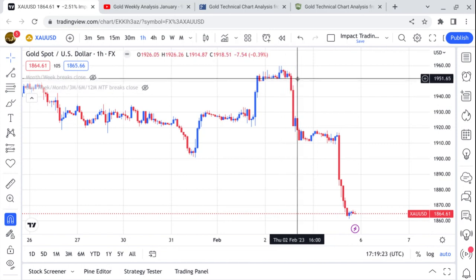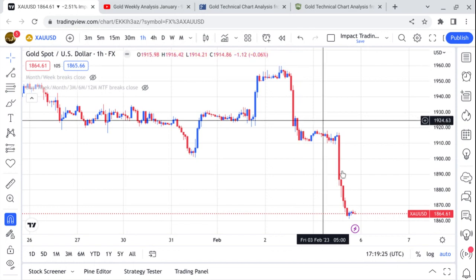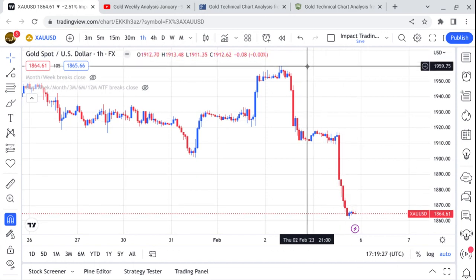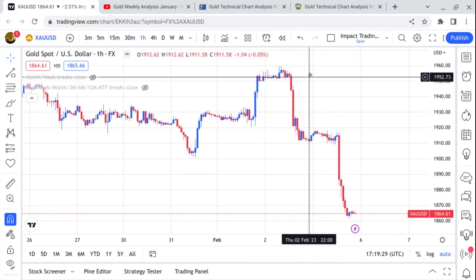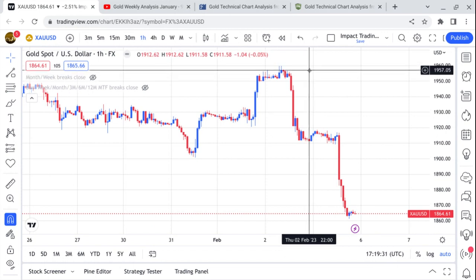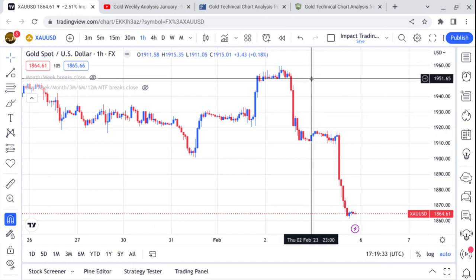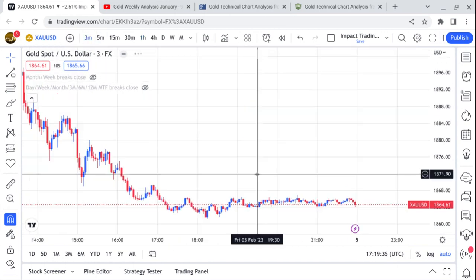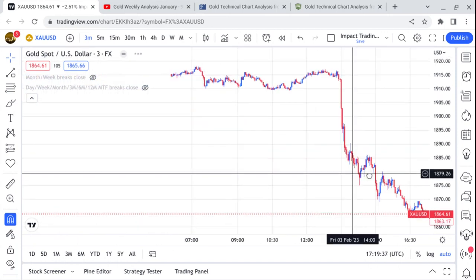You know your levels of support and resistance. These are just larger levels of support and resistance. But price, even on the hourly intraday session, has support and resistance. And we'll quickly take a look at how that looks on an intraday chart.